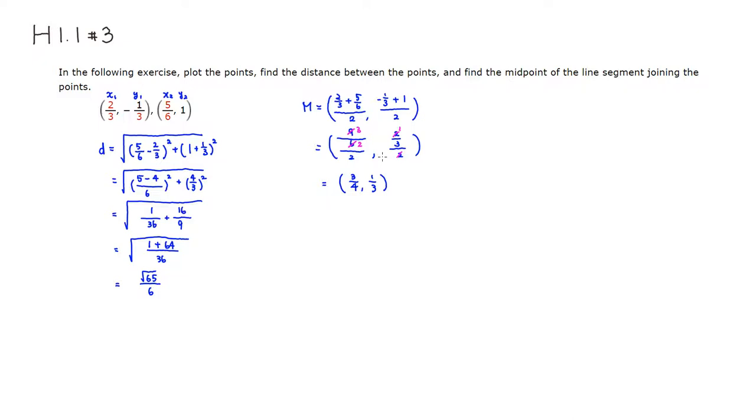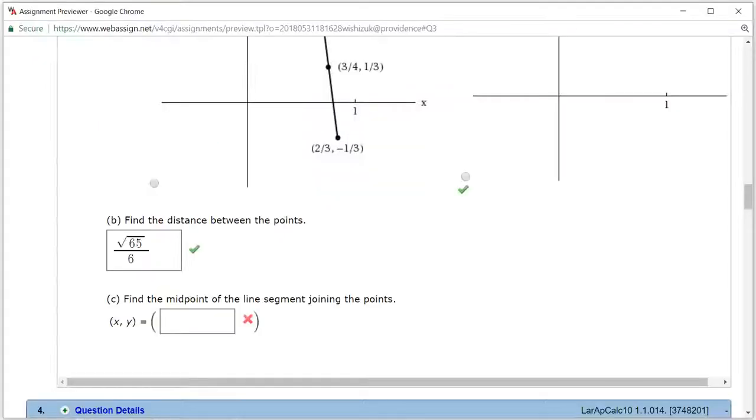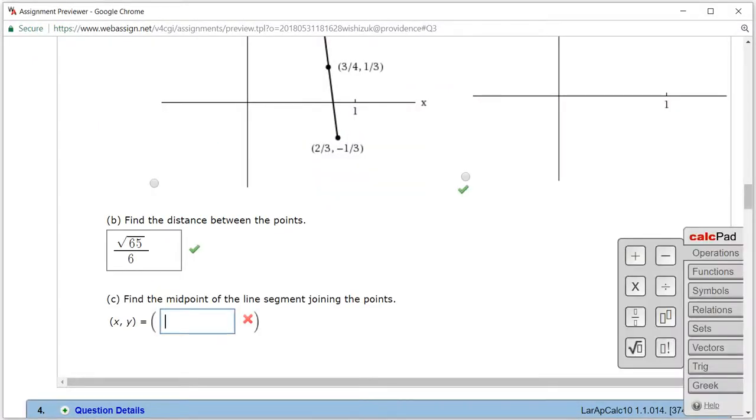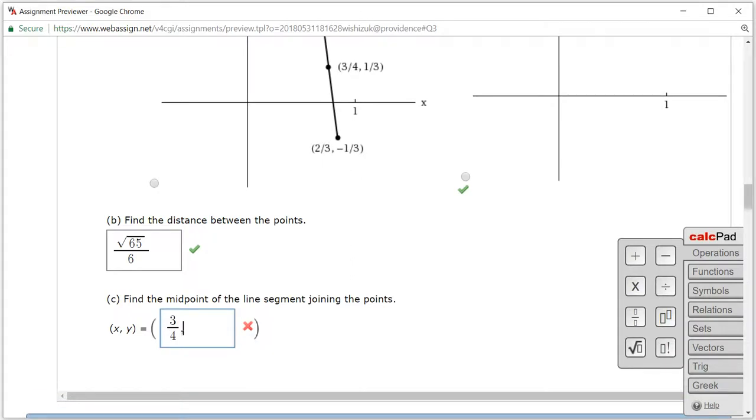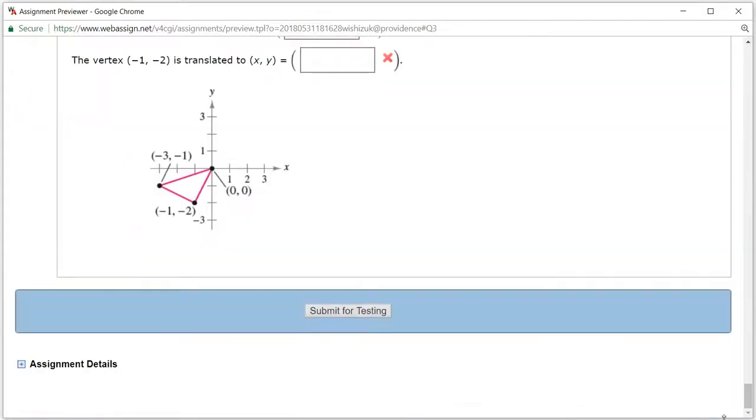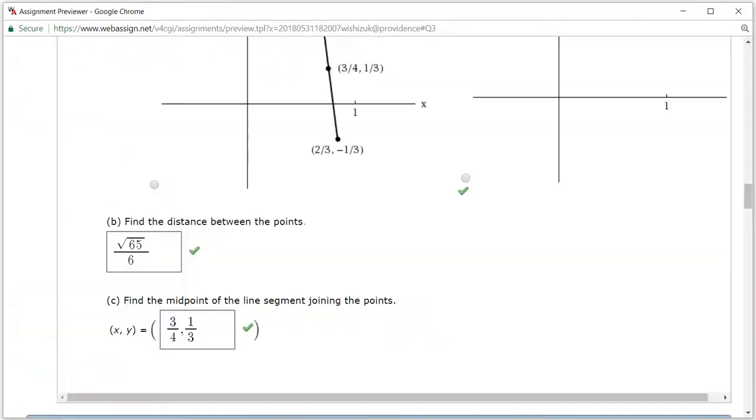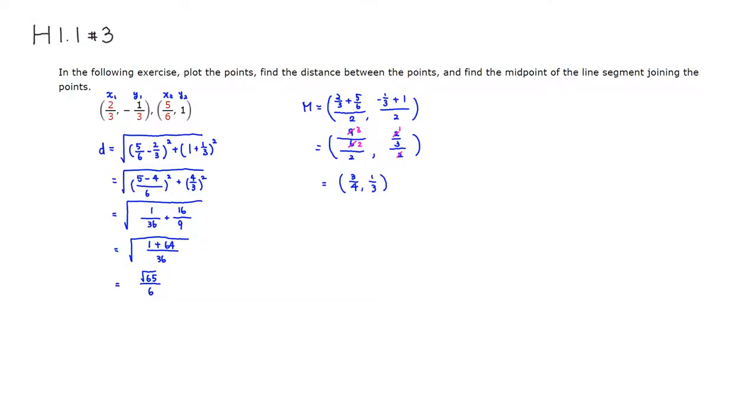So 3/4, 1/3 is the midpoint. Let's type it in: 3/4, 1/3. Let's submit for testing. It came back and looks like we got this one correctly. That's it. I hope that this was clear.